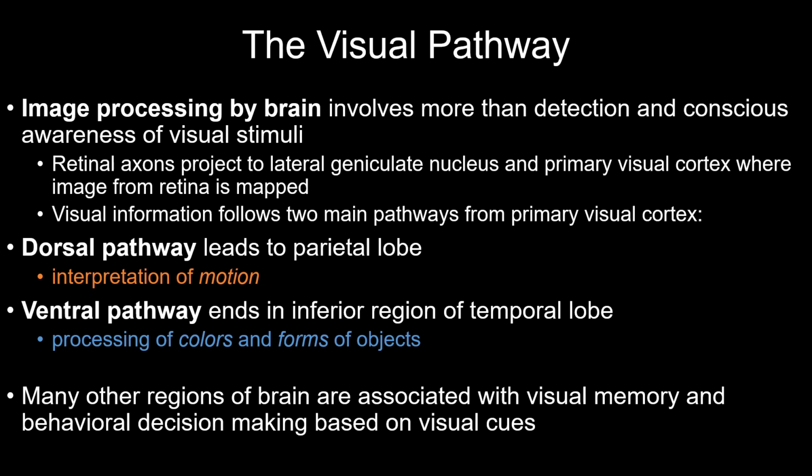The primary visual cortex receives axons from the lateral geniculate nucleus, and the retina is now mapped on these areas. However, the image can be distorted. Parts of it falling on the fovea of the retina take up much more area than parts from peripheral areas.